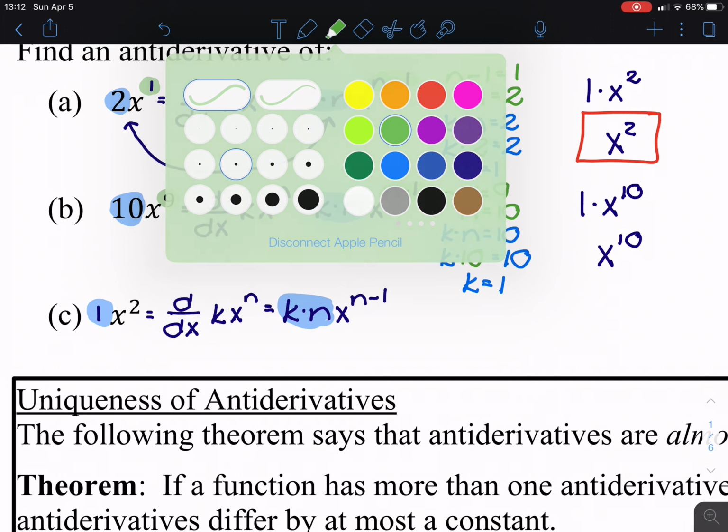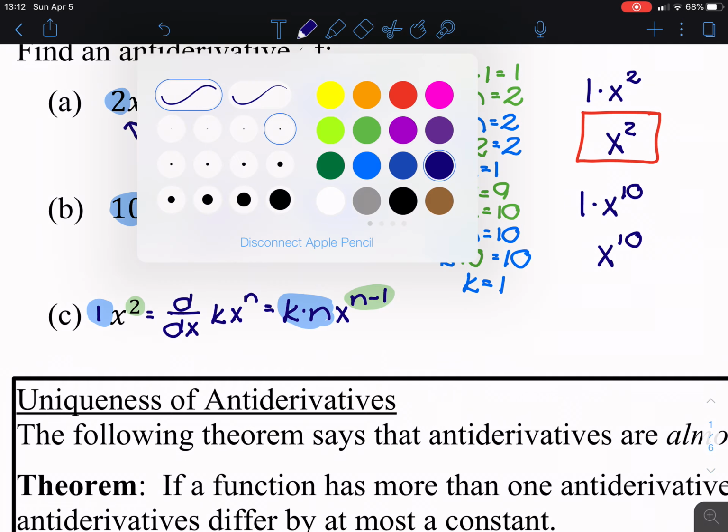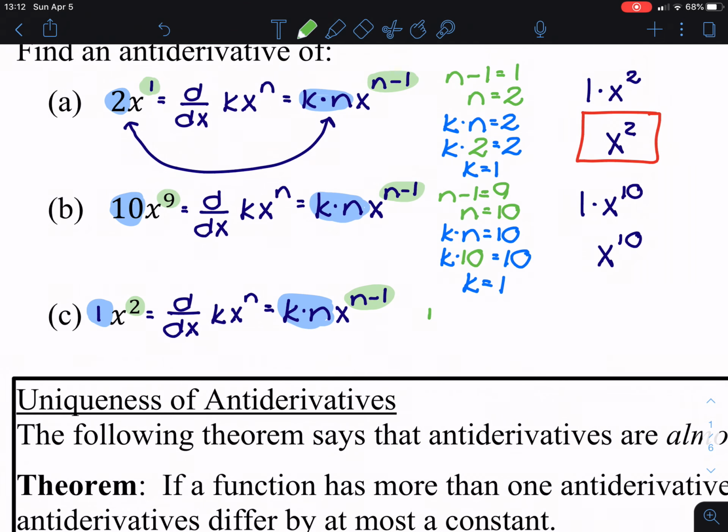And I also know that n minus 1 has to equal 2. So n minus 1 is equal to 2. That tells me that n is equal to 3.